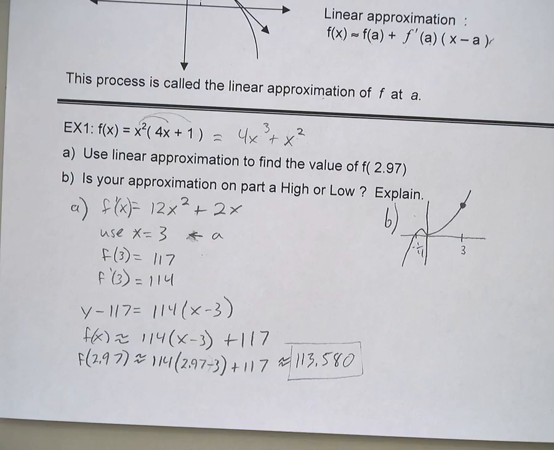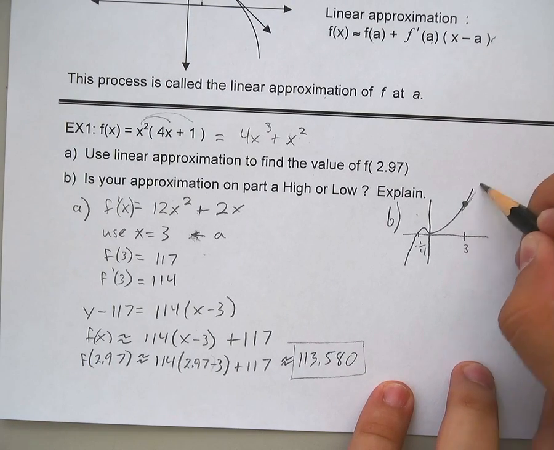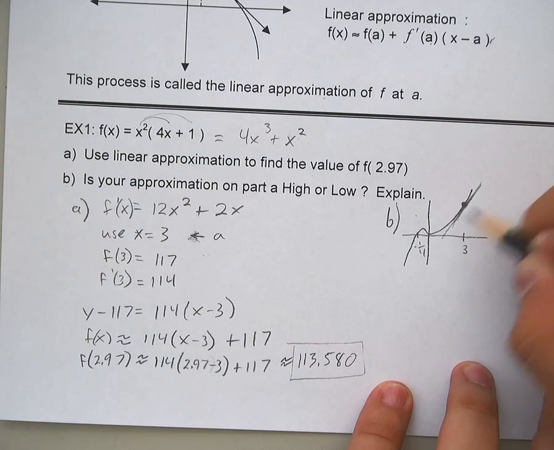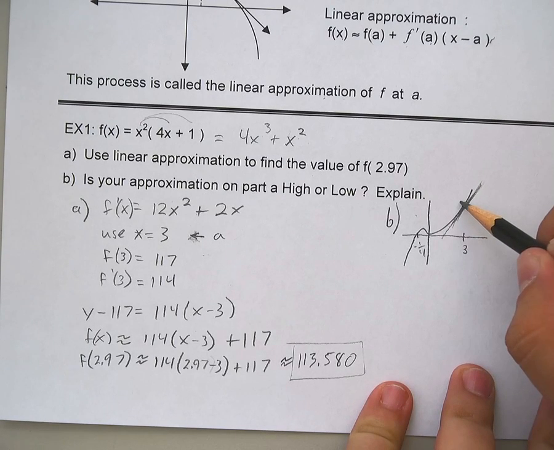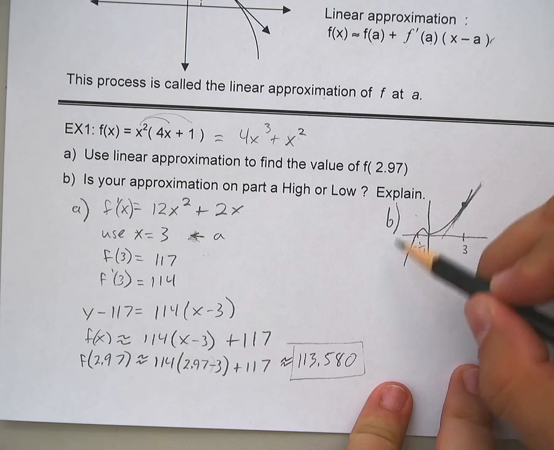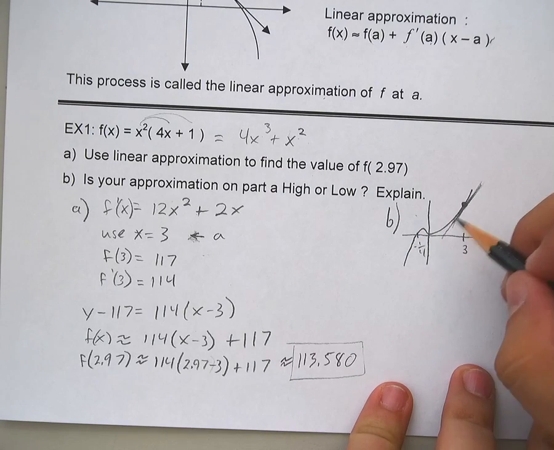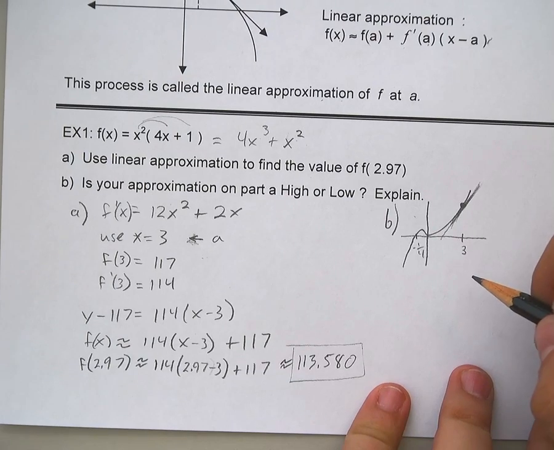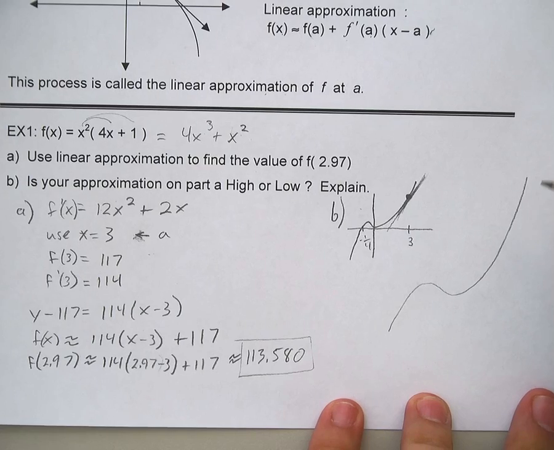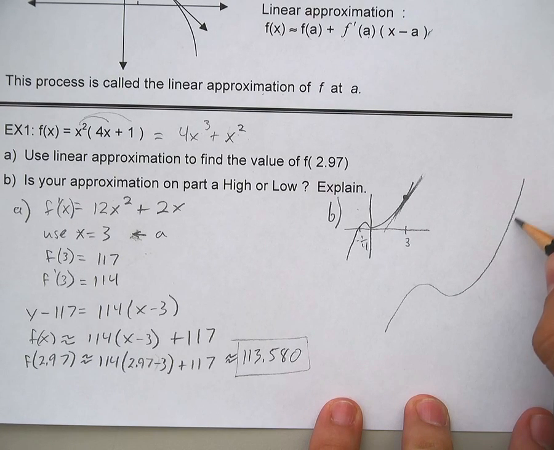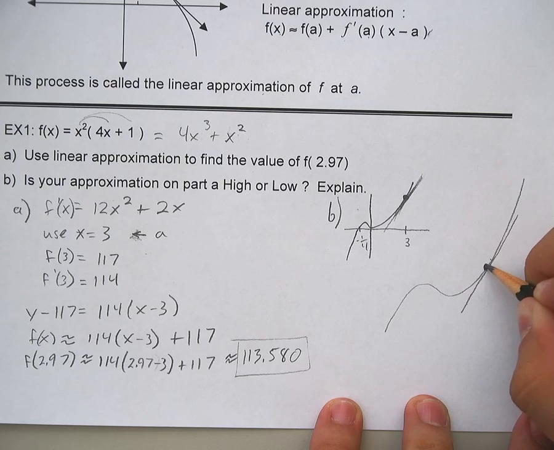So what I'm doing is using this linear approximation for my tangent line. It's kind of hard to plug into this big loopy cubic equation, but it's really easy to plug into here. It's easy to calculate off of the line. So what I'm doing is this: I got this curve, right? And there's a line that goes like this. You want 2.97.